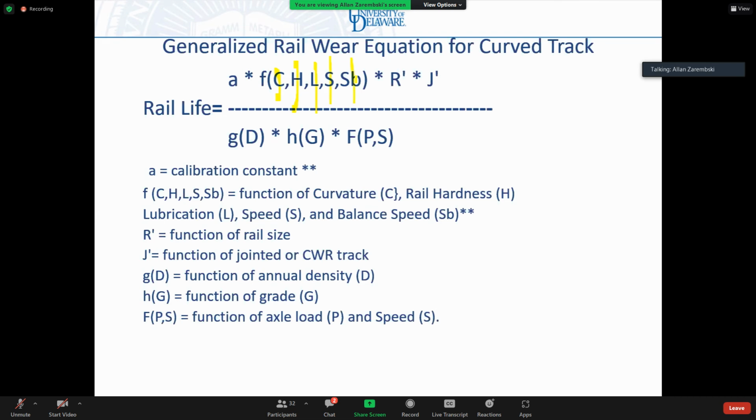In other words, if you go above balance speed, you're going to get more wear. If I go below balance speed, I'm going to get less wear because I'm not flanging as hard. That gets back to the lateral force issue. Rail size, whether I have joints or I'm all welded, my grade, my degree of curvature, my dynamic wheel rail force, all of these we know enter into the rail life.